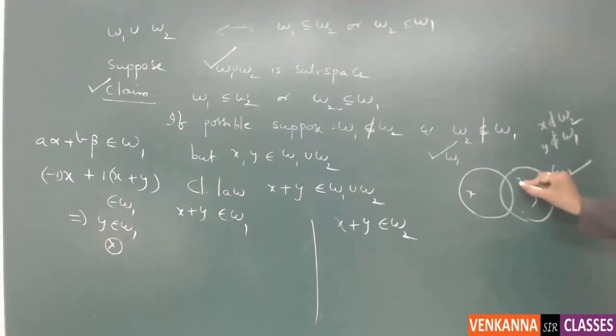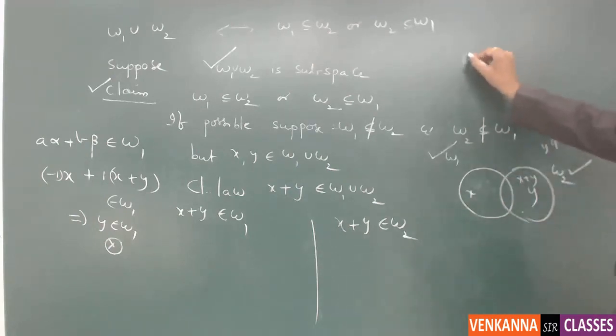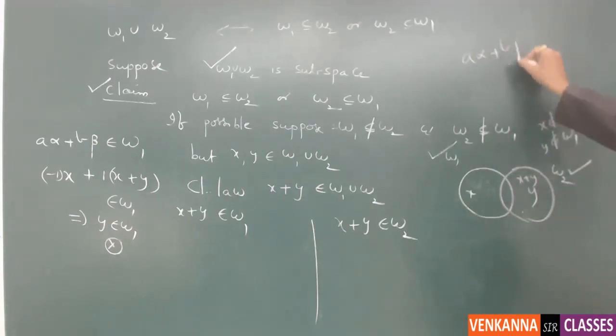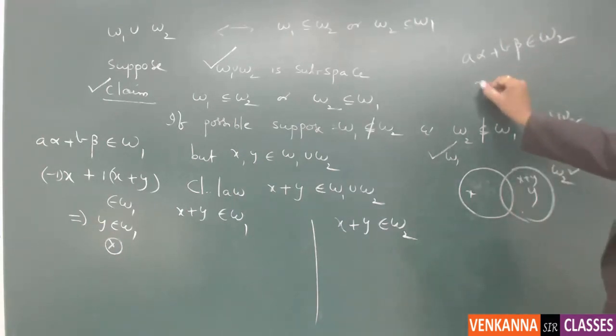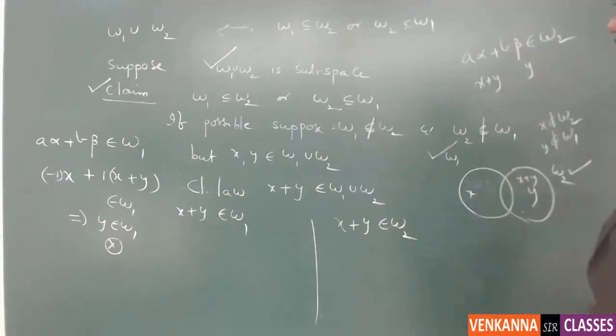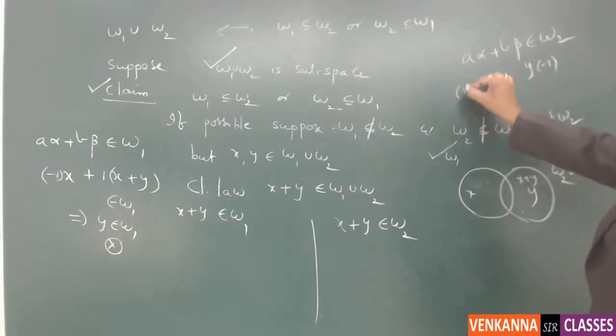You take that X plus Y belongs to this set. Again, you apply the condition. So you take that alpha and beta values as alpha as X plus Y, beta as Y. You take B as -1, you take A as 1.